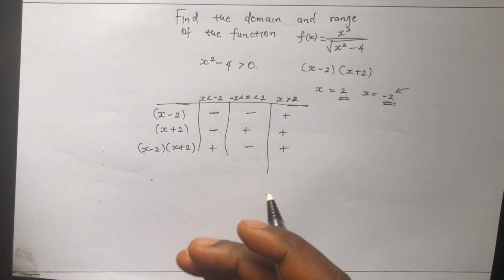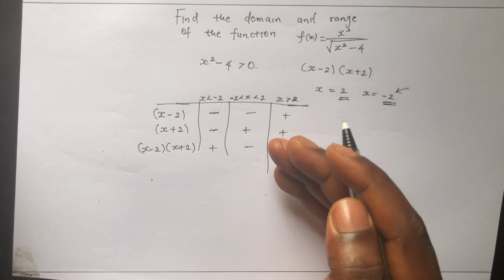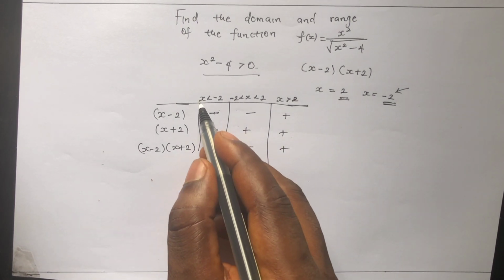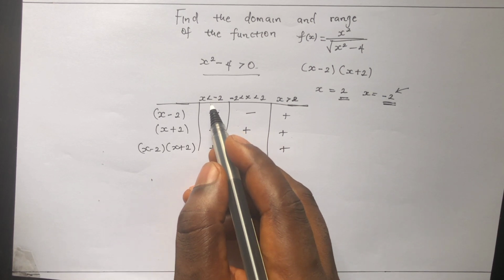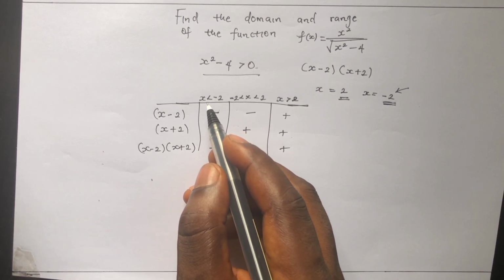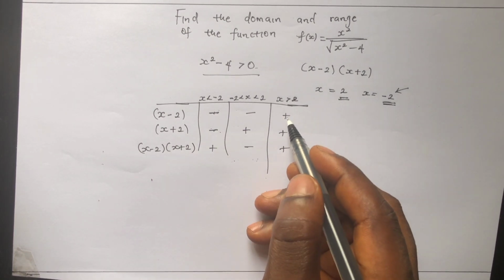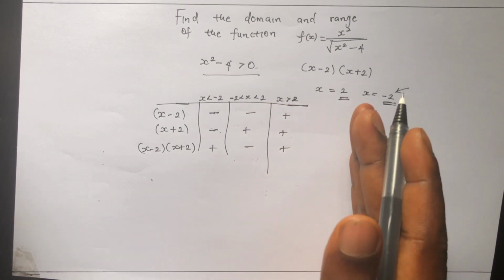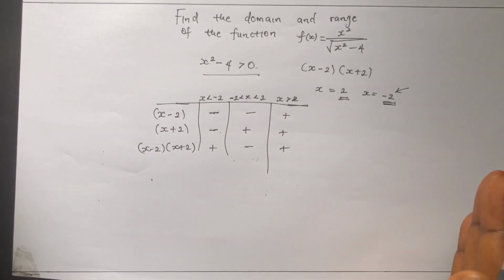Now you can see that the set of values that will define this function based on this rule will be all numbers less than negative 2, from negative infinity but not up to negative 2, and all numbers greater than 2 but not exactly 2, up to positive infinity.